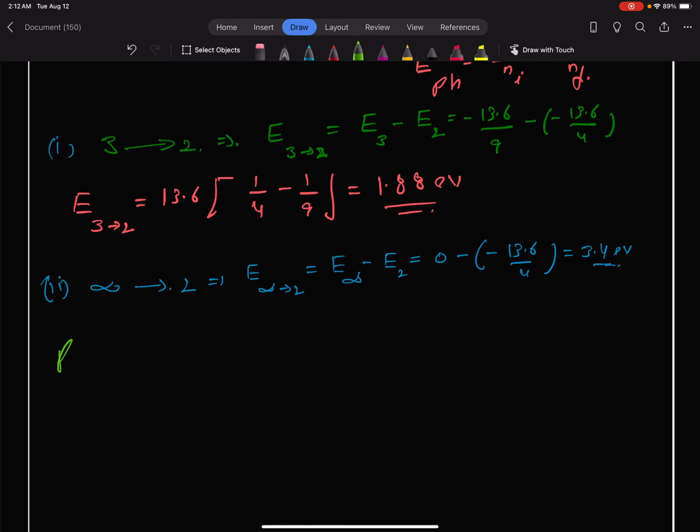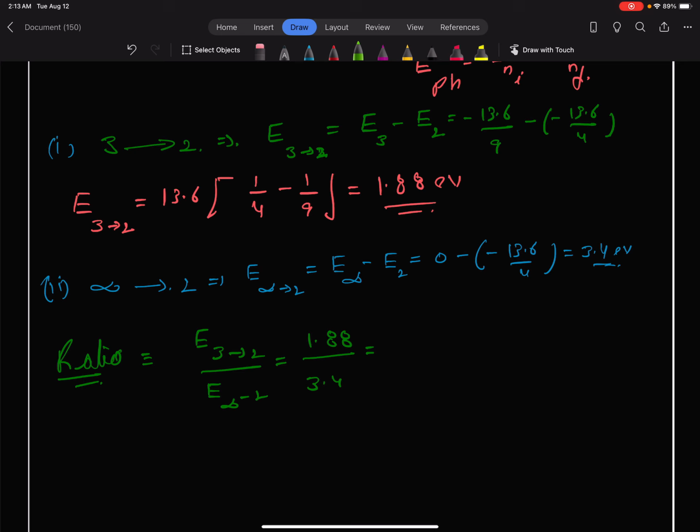So we can say the ratio will be energy from third to 2, over energy from infinity to 2, which will be equal to 1.88 divided by 3.4, and this can be written in fractional form.